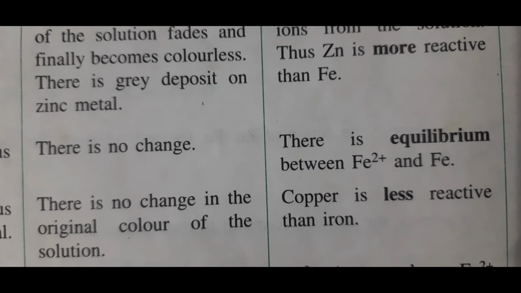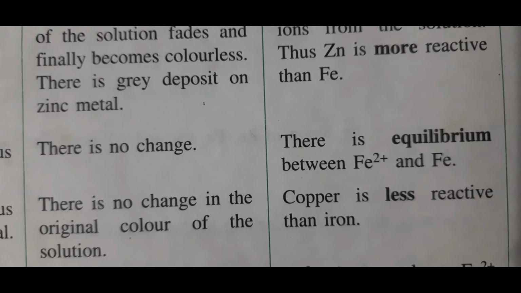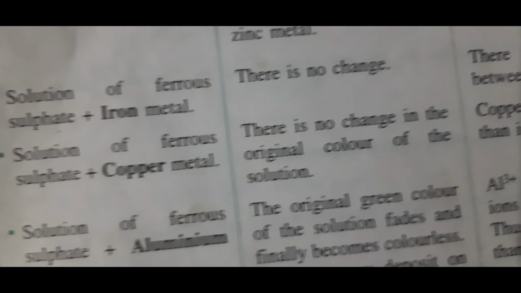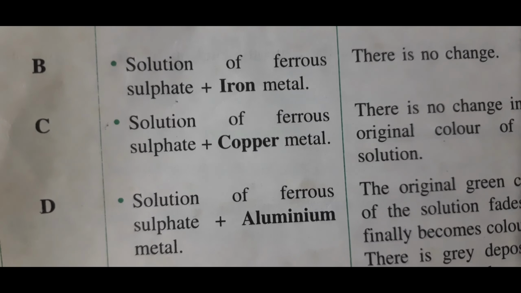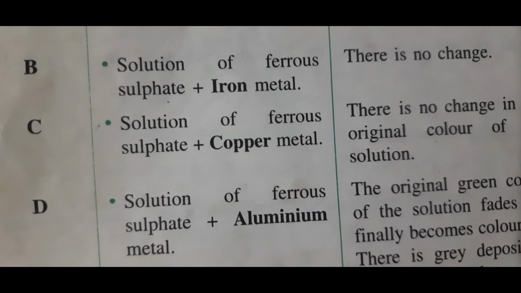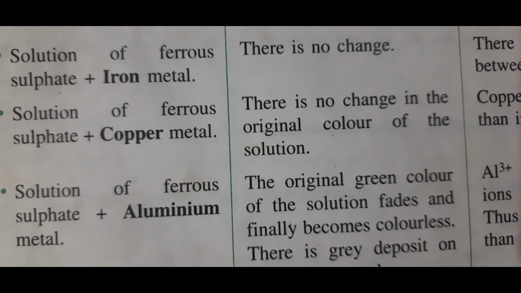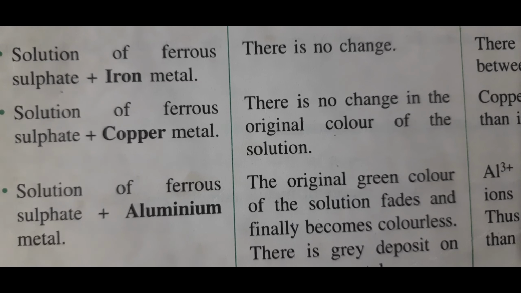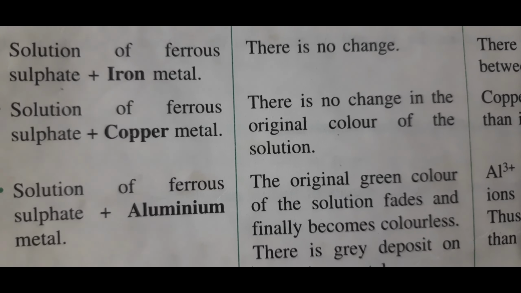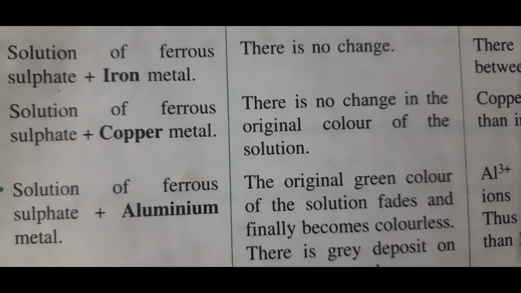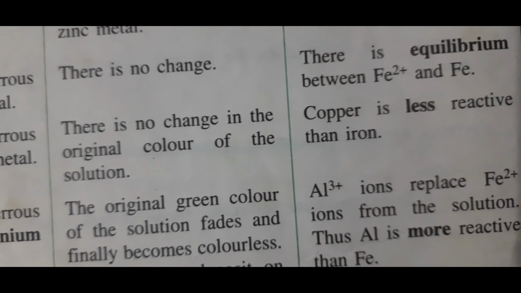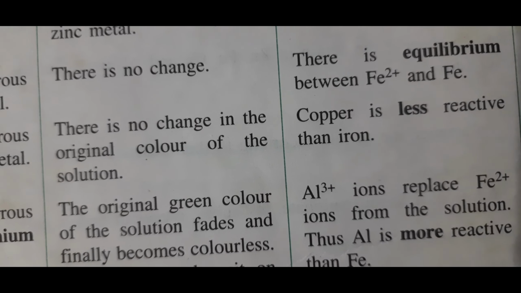Equilibrium. C. Now solution of ferrous sulfate, and this time we have changed the metal, copper metal. What do we observe? There is no change in the original color of this solution. Why no effect? Because copper is less reactive than iron.